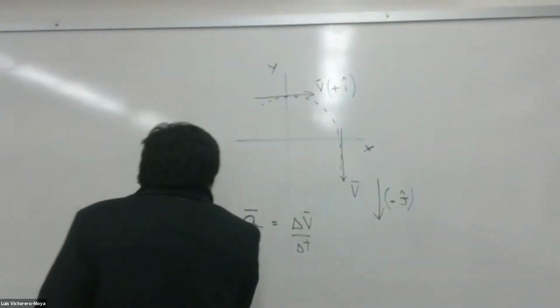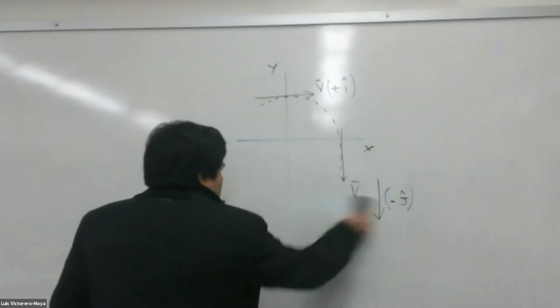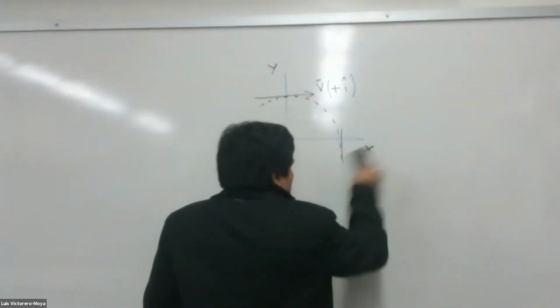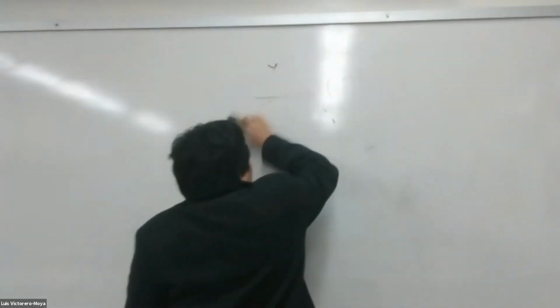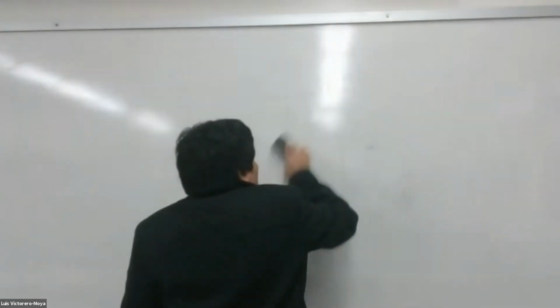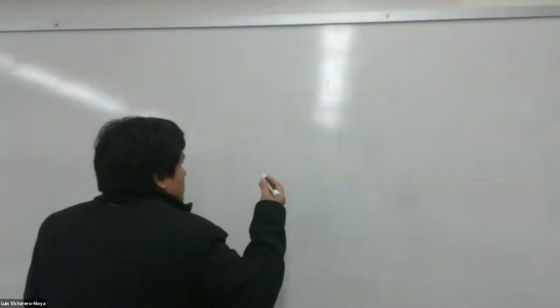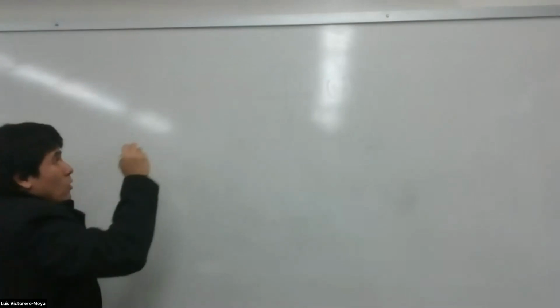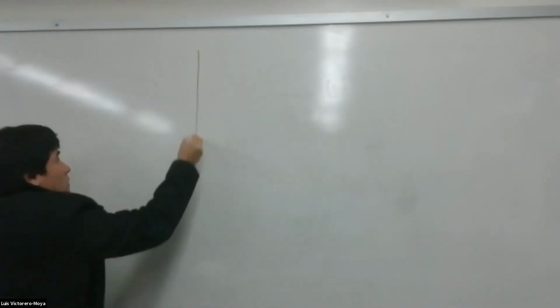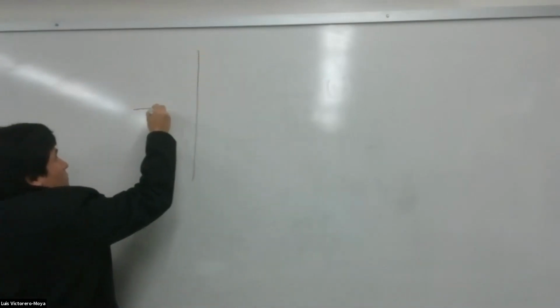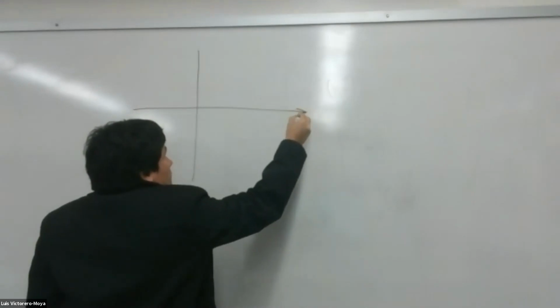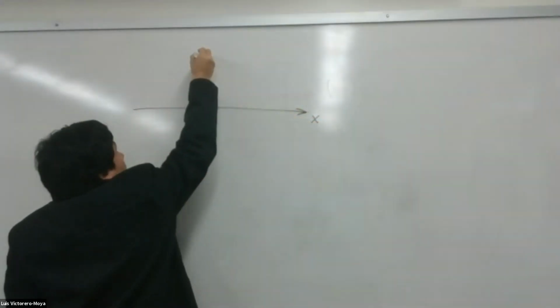So we are going to draw these vectors. The particle starts on the origin. This is my x.